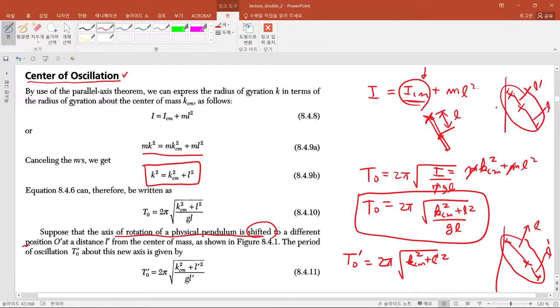Now it is performing a small angle oscillation with the distance between the center of mass and the pivot point equal to l prime. So T0 for the original pivot point gives you l squared, this one is common, and T0 prime gives you l prime.